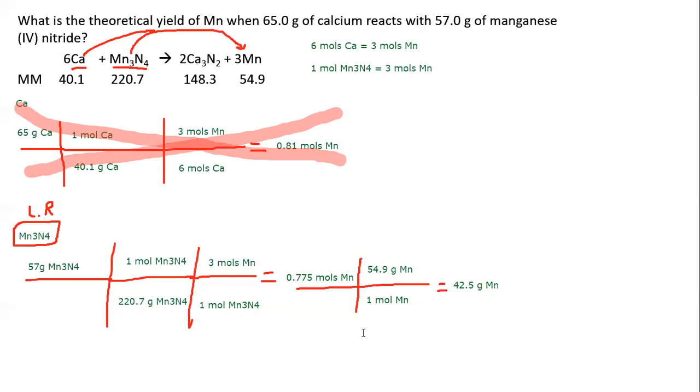We get 42.5 grams of manganese. And again, this is the theoretical yield.